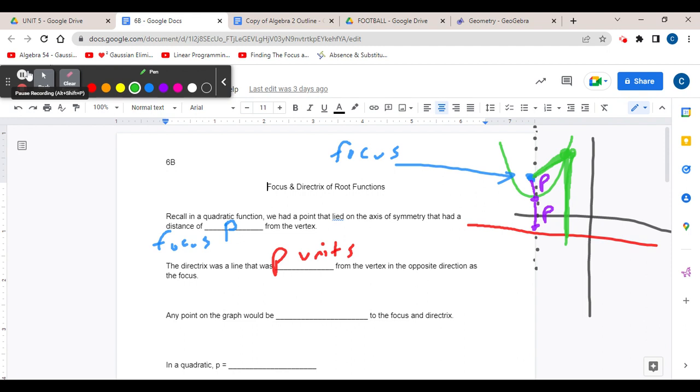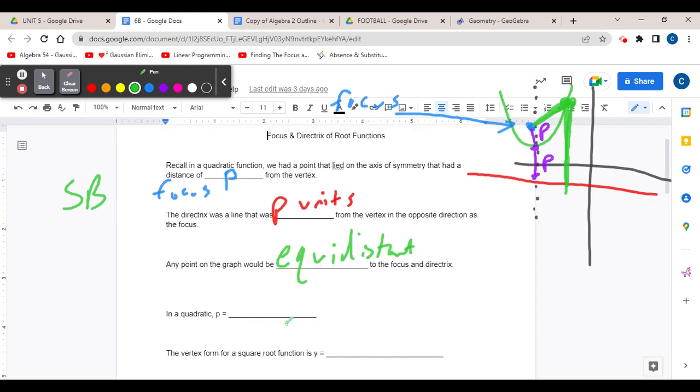If you need to go back to look at the 5B notes, the 5B notes kind of covers all this stuff as well. Okay. So any point on the graph would be equidistant to the focus and the directrix. Okay. Now, on our 5B notes, the distance of P was equal to 1 over 4A.